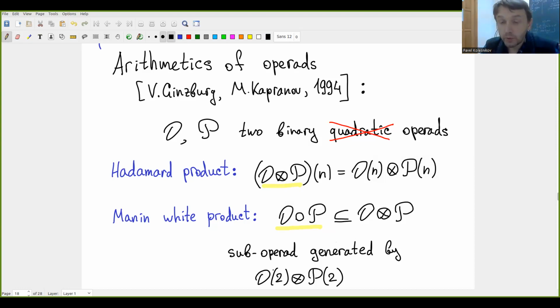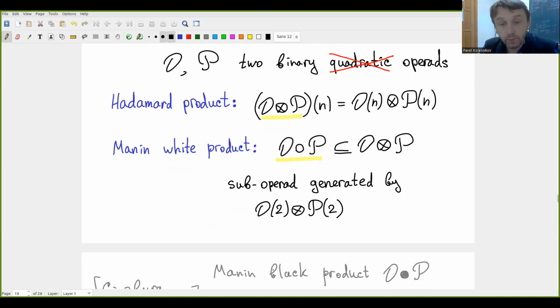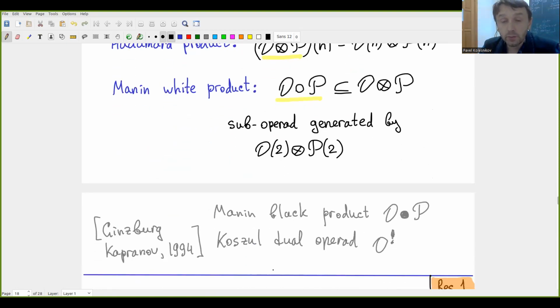So the Manin white product is a sub-operad, but not necessarily coincides with the Hadamard product. Let me mention also that Ginzburg and Kapranov also introduced the so-called Manin black product and Koszul dual operad. But I will not need this construction in my talk.